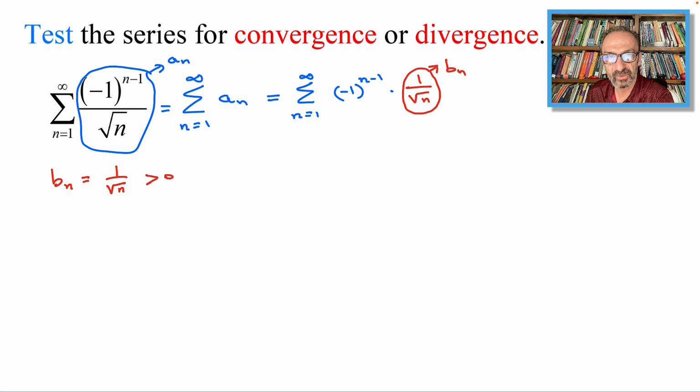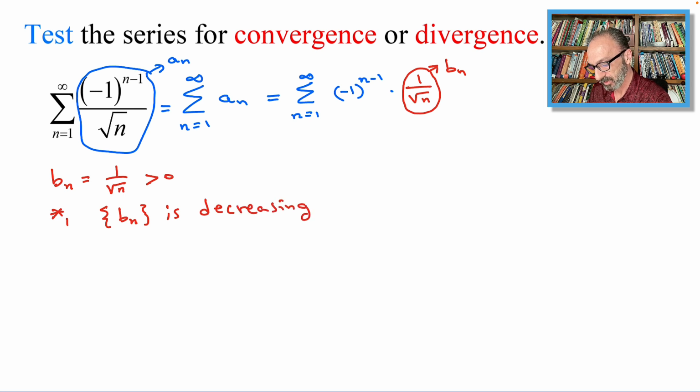So all the terms of b sub n as a sequence are positive. We have two conditions to test. Number one, that b sub n as a sequence is decreasing. Which is true.